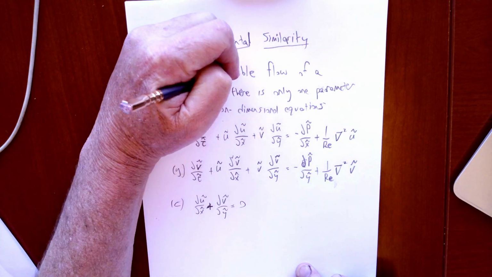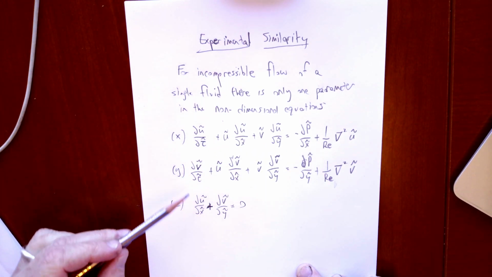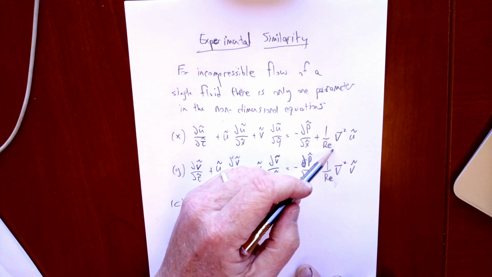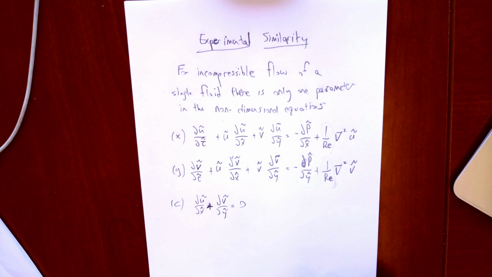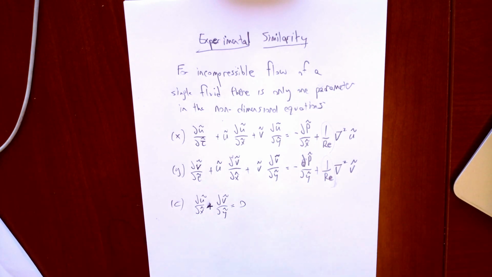If we have a single incompressible fluid, then these are our equations that we showed we could derive in dimensionless form. And what you can notice right away is that there's only one parameter, the Reynolds number. Mu and density and all of that are boiled down to just this one parameter. What that implies is that for flows that are geometrically similar, there's only going to be one parameter that differentiates between those flows.